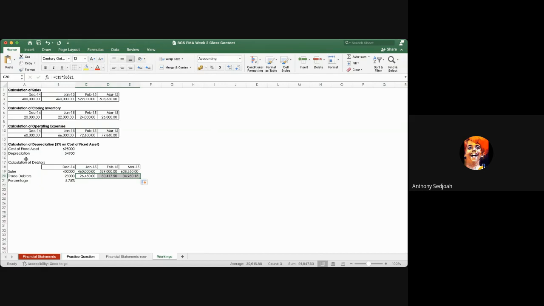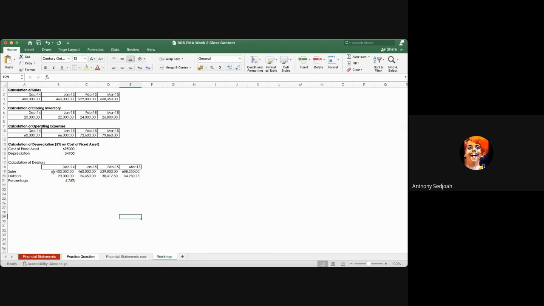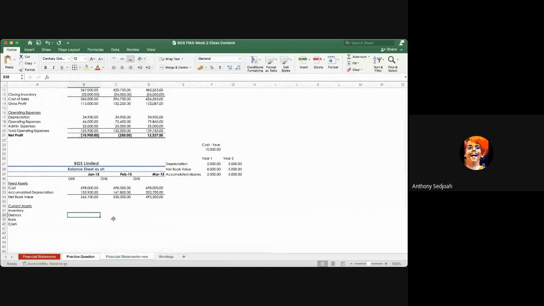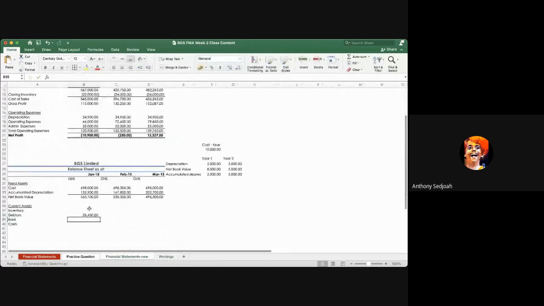You get it? By doing this, we've got our trade debtors figure from January to March. Any question, any confusion? Okay, that means everyone gets it. So let me input my debtors values here, and then I drag to the right.